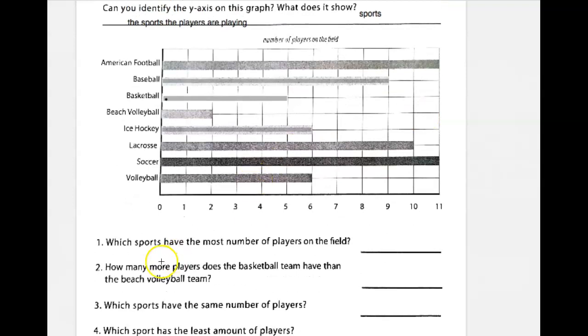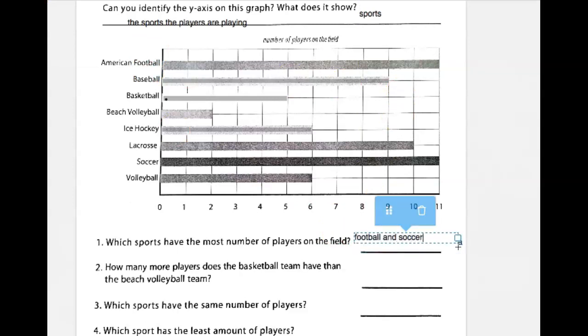It says, which sports have the most number of players on the field? So you're going to use your x-axis and go to the highest number, which is 11, and you're going to look at which sport. So we hit this one, which is soccer, and this one, which is football. So you're going to put football and soccer.